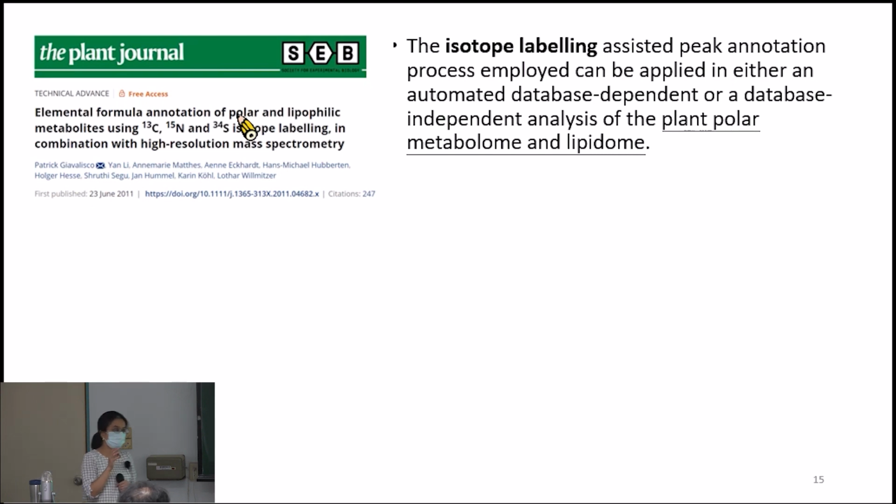After labeling the isotope in living organisms, we can extract the metabolites from the organism and start the mass spectrum analysis. Basically, in this paper they also try to analyze the metabolites and the lipids, and of course they get a good result.